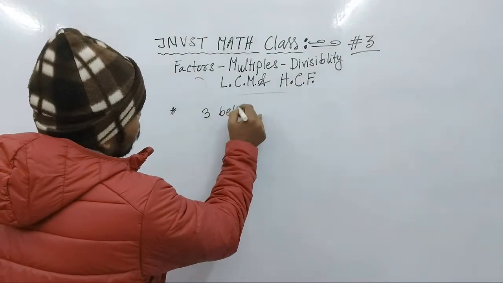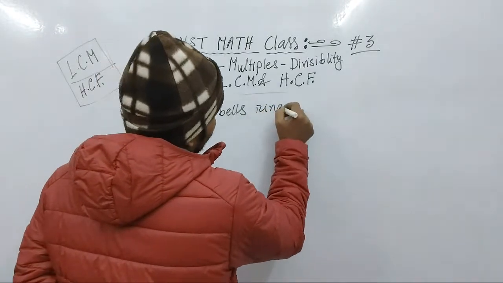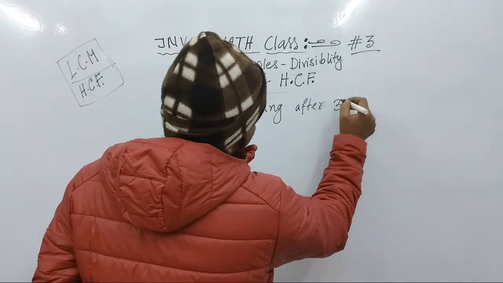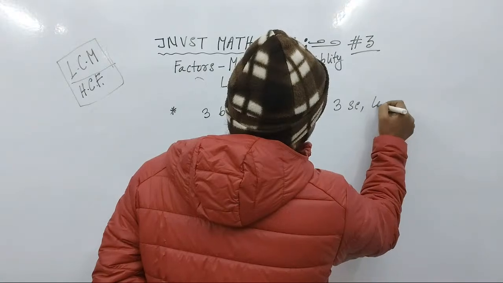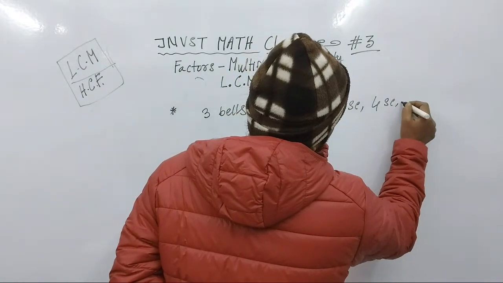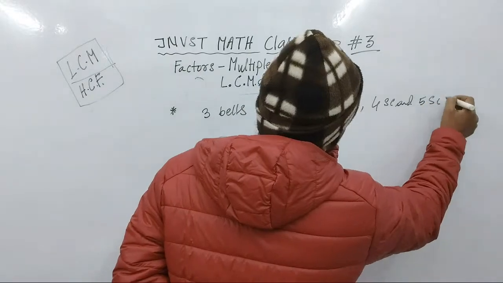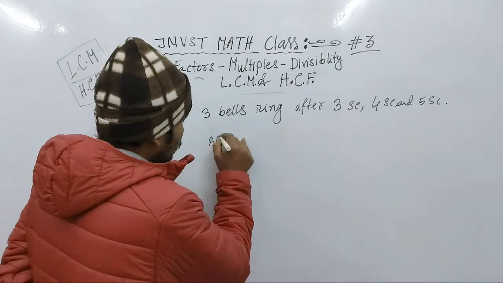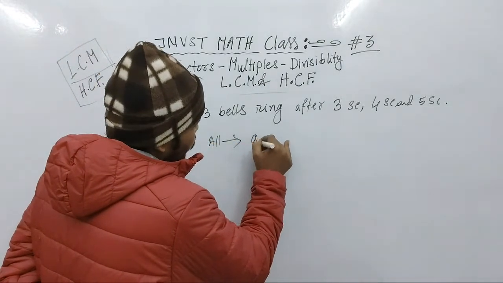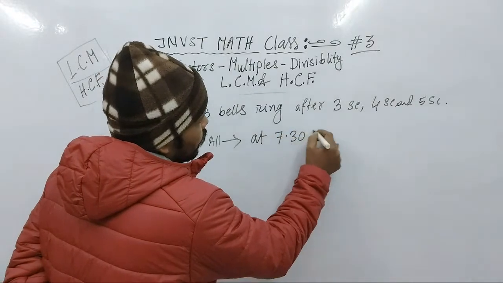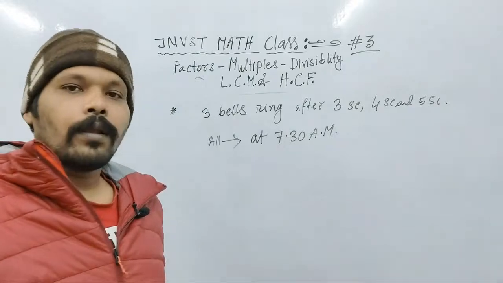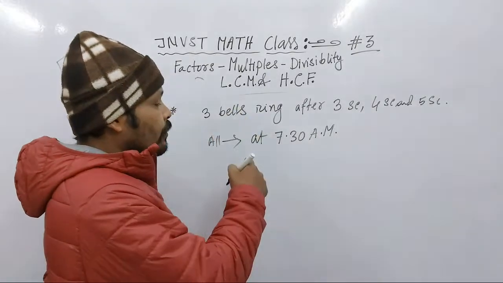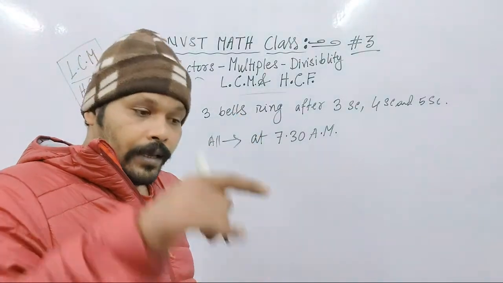Three bells ring after 3 seconds, 4 seconds and 5 seconds. All the bells ring at 7:30 a.m. After that, when will all the bells ring at the same time?